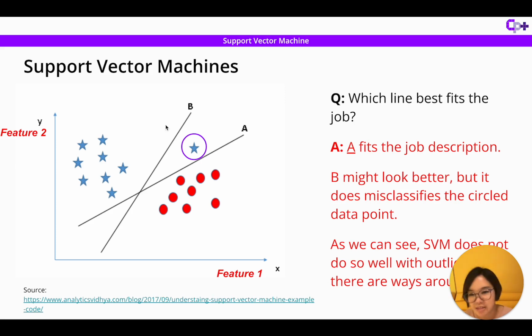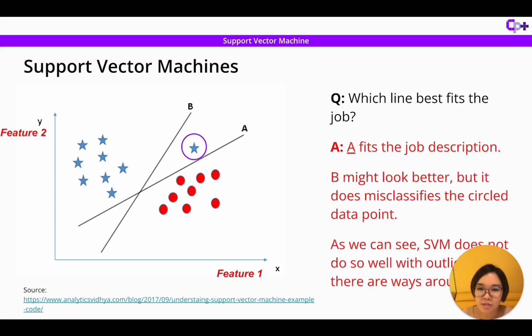There's so much space at the top here, right? However, because of that one outlier, it has skewed the entire boundary line. So there are ways around it, but the version 1.0 for support vector machines does very badly with outliers.